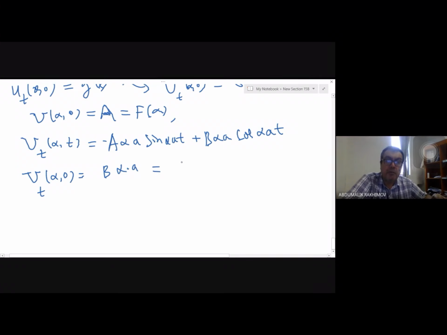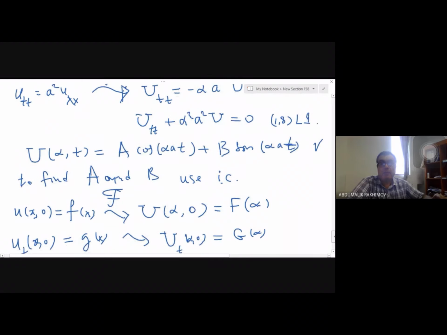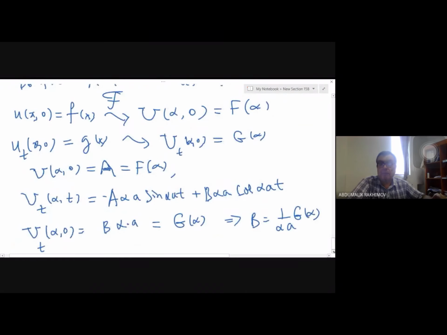So this should be equal to G alpha. Then you can find B. B is equal to 1 over alpha A times G alpha.